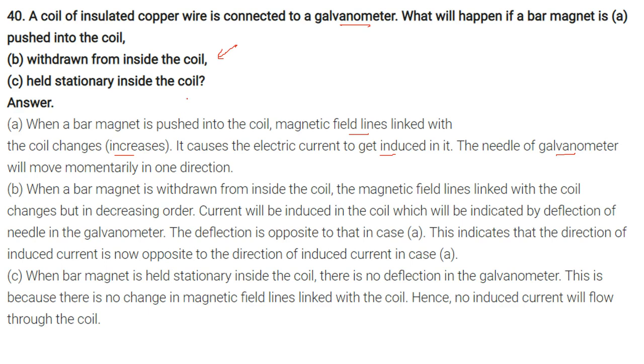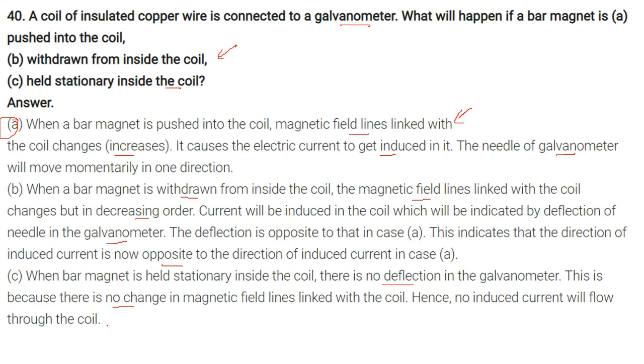Whenever there is a change, only then will you see current. When a bar magnet is withdrawn from inside the coil, the magnetic field lines linked with the coil change, but in decreasing order. So current will be induced in the coil, indicated by deflection of the needle in the galvanometer, and the deflection is opposite to what it was in case A. This indicates that the direction of induced current is now opposite to the direction of induced current in case A. Held stationary inside the coil, there is no change, so there will be no deflection in the galvanometer.